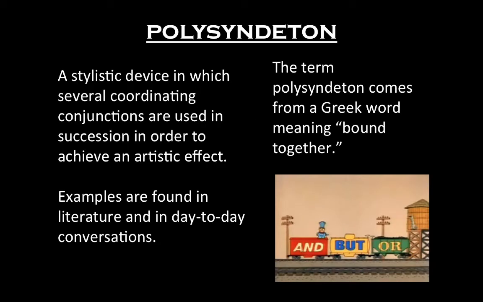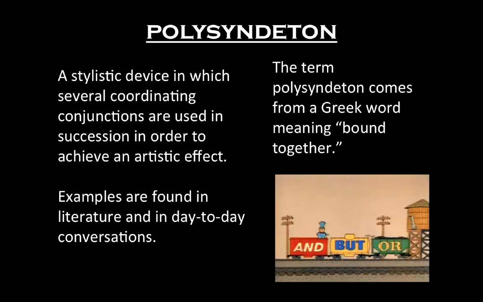Okay, polysyndeton. As part of our To Kill a Mockingbird unit in next year, when you read Hamlet, you'll be learning about a lot of different rhetorical devices. Polysyndeton is one. It's a stylistic device in which several coordinating conjunctions are used in succession, in order to achieve an artistic effect.